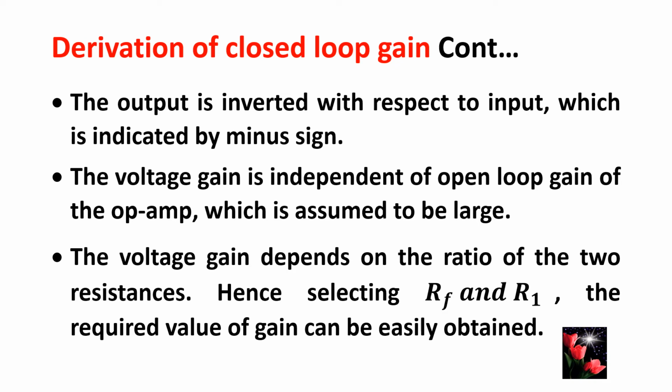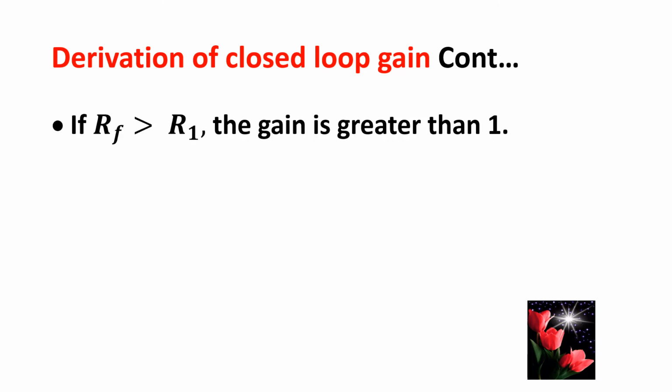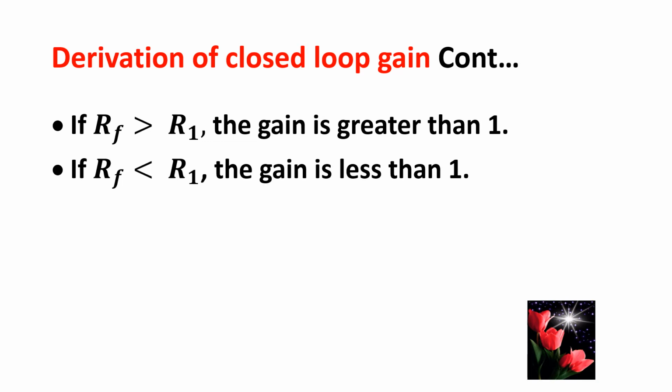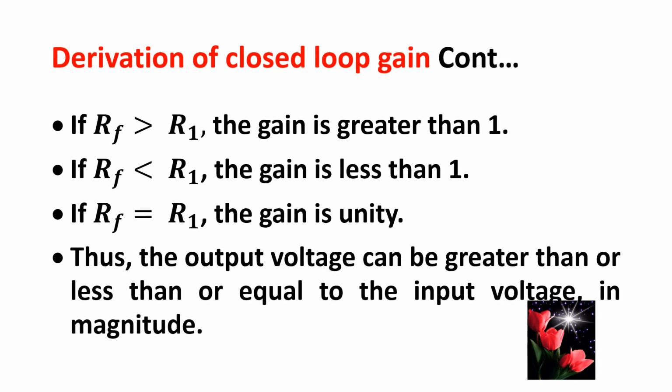Hence, by selecting RF and R1, the required value of the gain can be easily obtained. If RF is greater than R1, the gain is greater than 1. If RF is less than R1, the gain is less than 1. If RF is equal to R1, the gain is unity. Thus, the output voltage can be greater than, less than, or equal to the input voltage in magnitude.